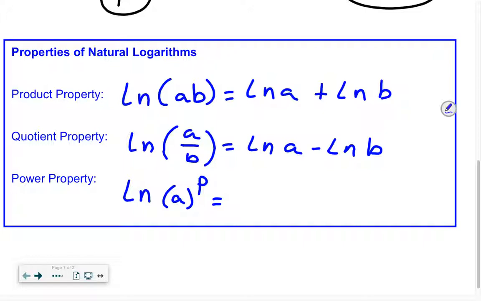Yeah, move it down in front, correct? We could multiply by it. So that was equal to p times the log of a. Let's try natural logs since that's what we're working with today.